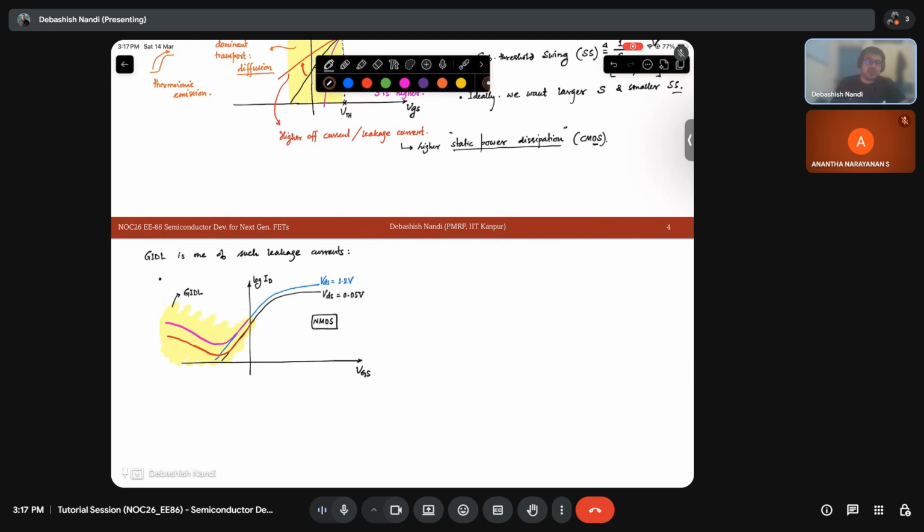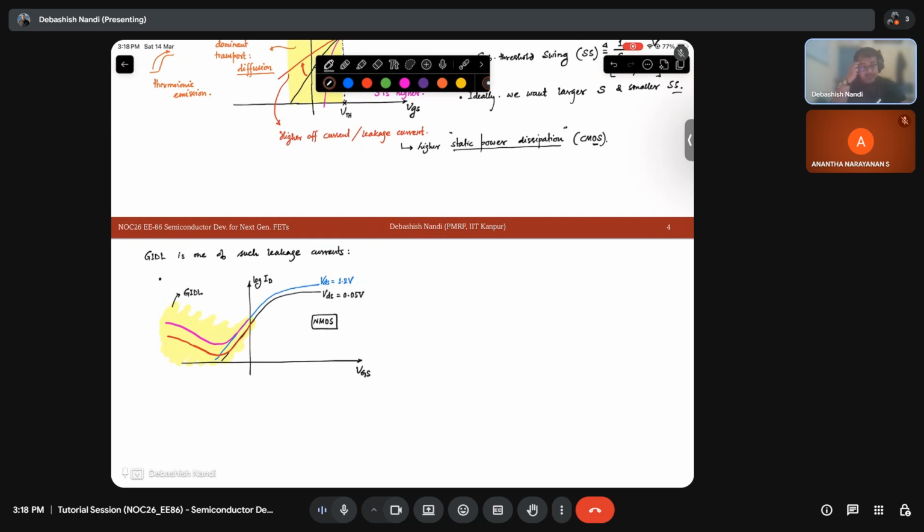So the device, where it is supposed to be off, is not off. It is conducting a significant amount of current, which is not good. We need to find ways to minimize this. Now we will see why this is happening.